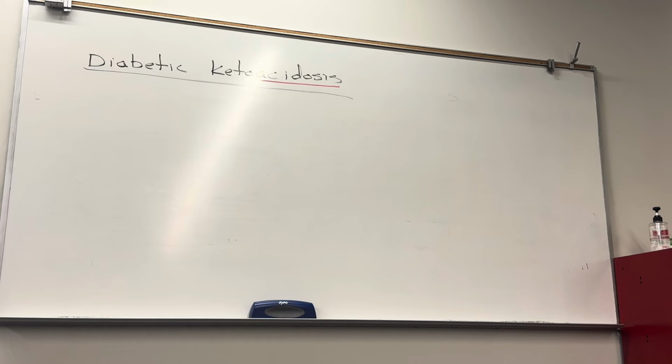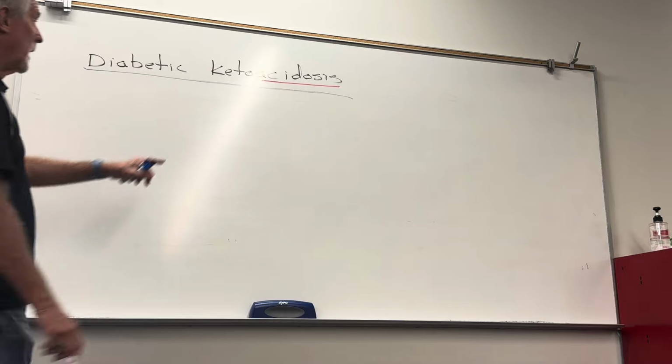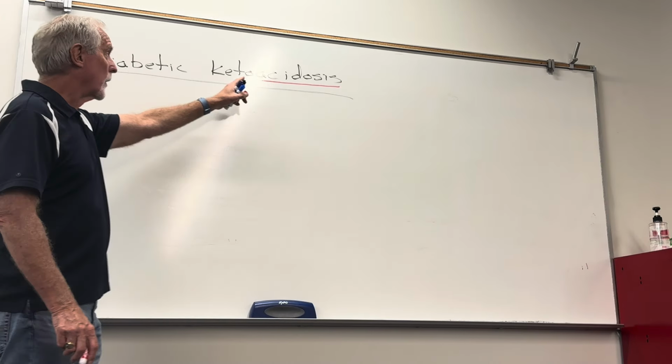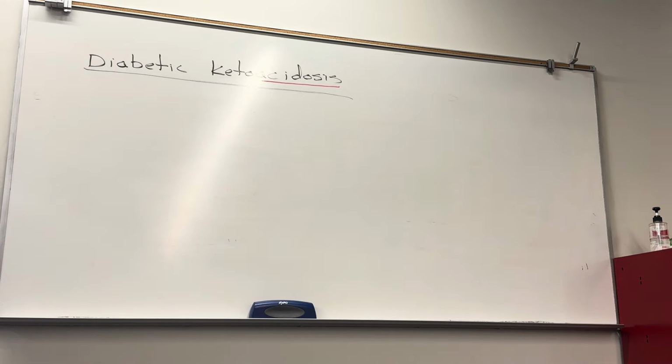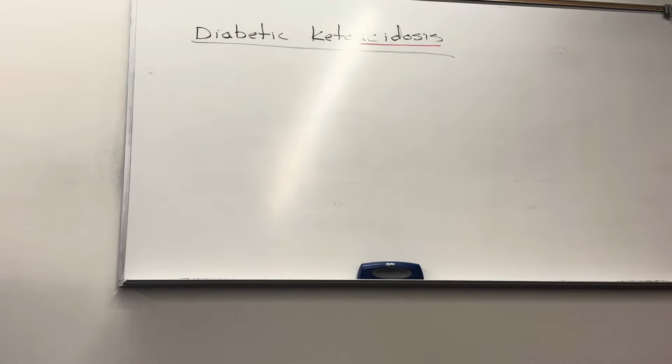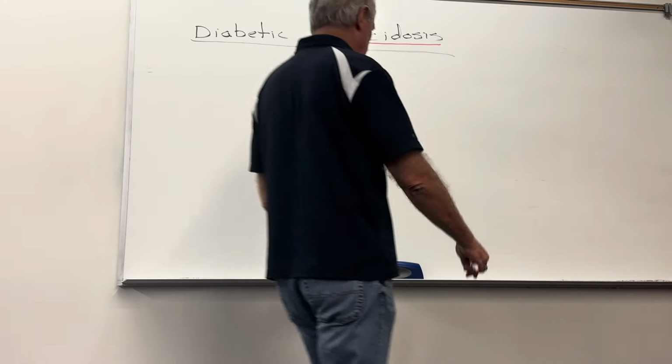This is a condition where the pH of the blood is altered and becomes acidotic. And this acidosis occurs due to the breakdown of lipids into so-called ketone bodies. And these ketone bodies then give rise to ketoacidosis.